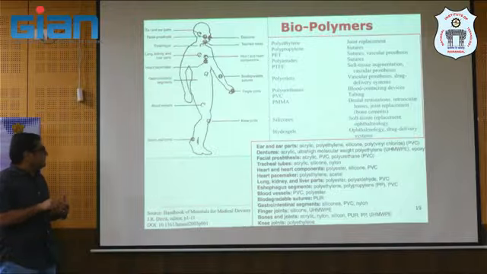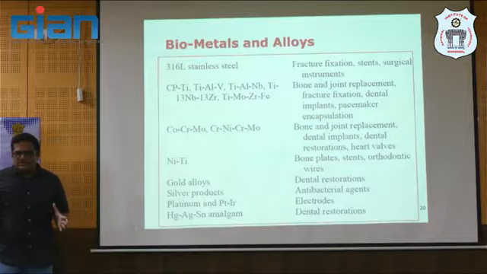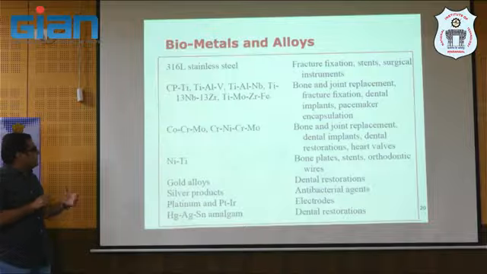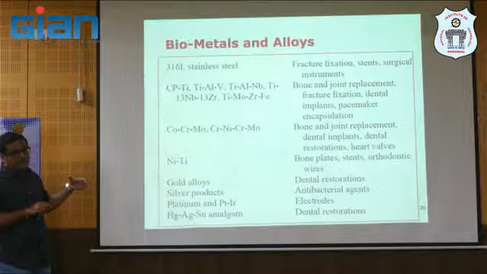So you have all these materials, and metals, right? Metals and metal alloys. You have right from 316L steel, which is a biocompatible material, and titanium 6-4 is predominant, and you have other titanium alloys which are biocompatible and FDA approved.